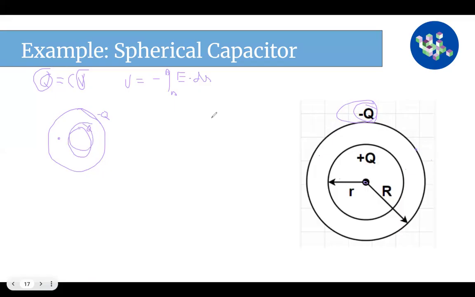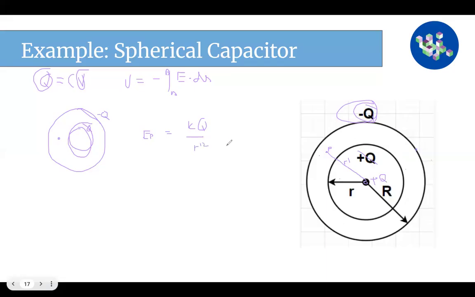So if I'm at a point P at a distance of r prime from the center, I can place the positive Q at the center and ignore the outer shell. The electric field at point P is E equals K times big Q divided by r prime squared.